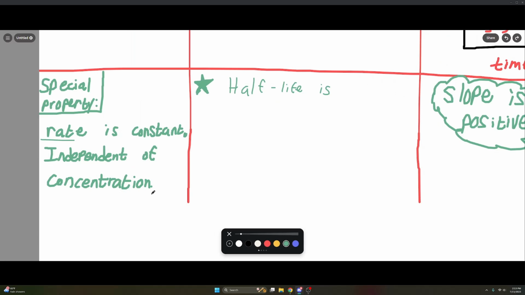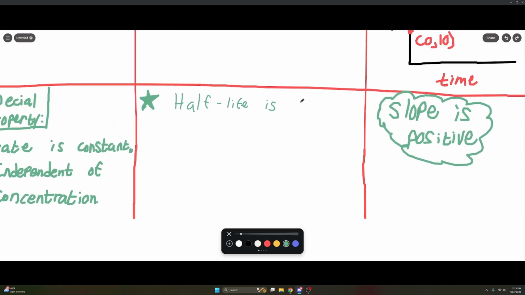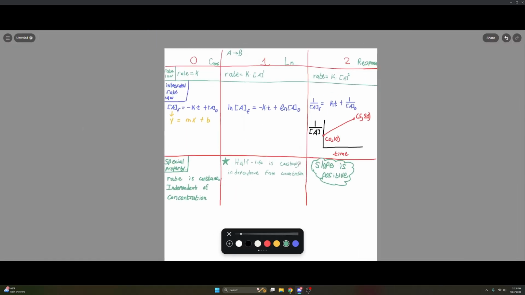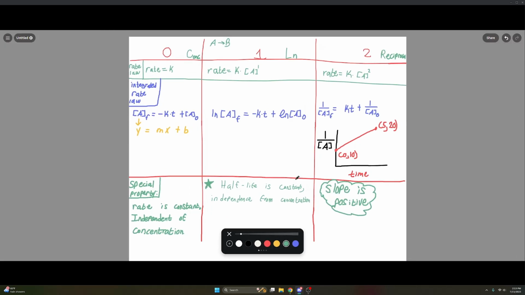Doesn't matter your concentration. For first order, half-life is constant. And once again, that key phrase that you might see as a multiple choice answer, independence from concentration. And just like that, the fully filled in chart with all that good stuff.